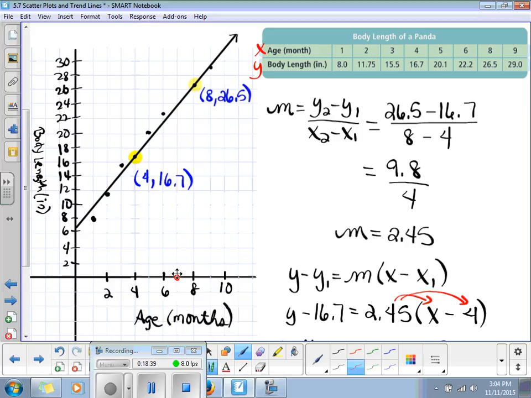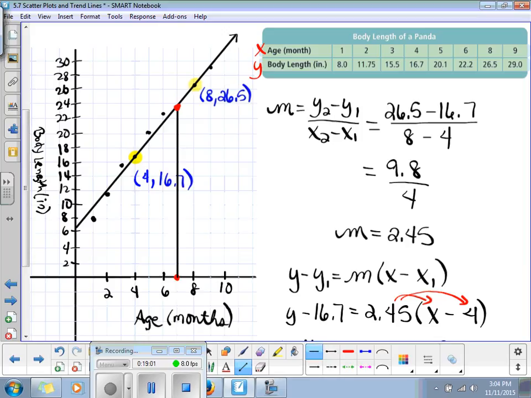Then you're going to go up to your line, and then go from there to our y-axis.